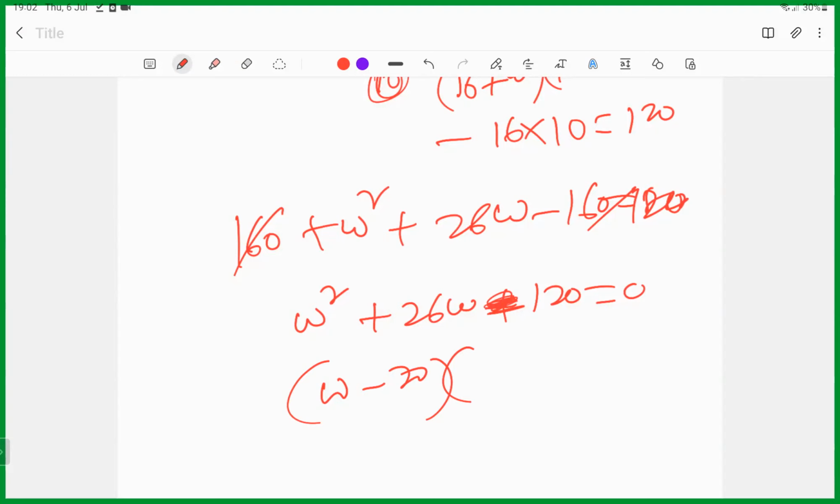What are the factors? 20 plus 6 is 26, but the product is not 120. We take 30 into 4, okay? 30 into 4 is 120. So W plus 30 into W minus 4.